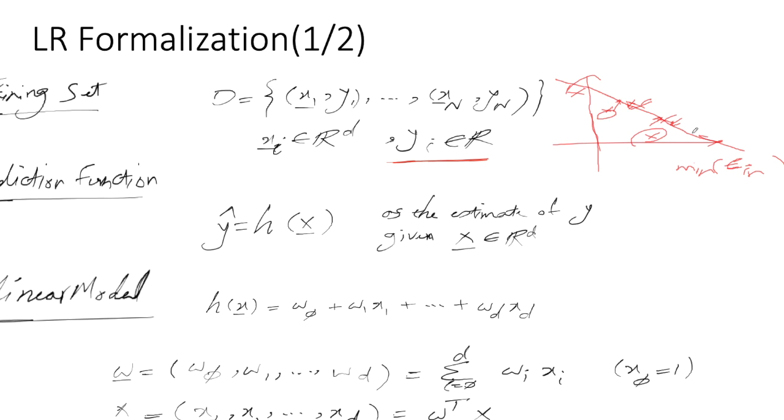On the w side, the vector of w goes from w0 up to wd.